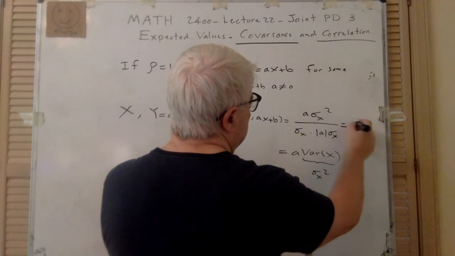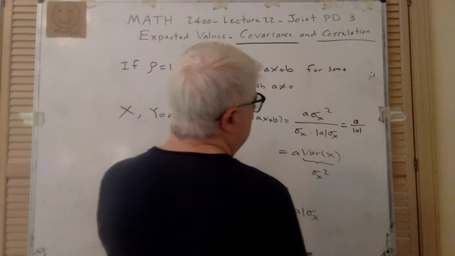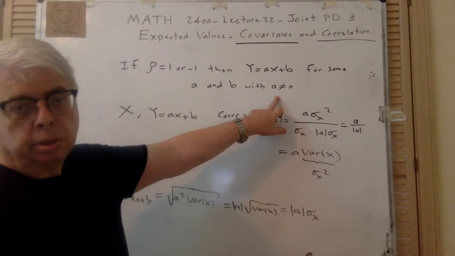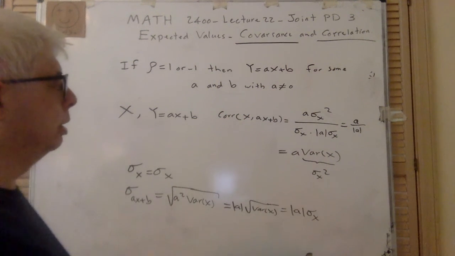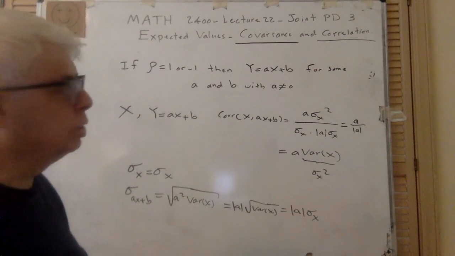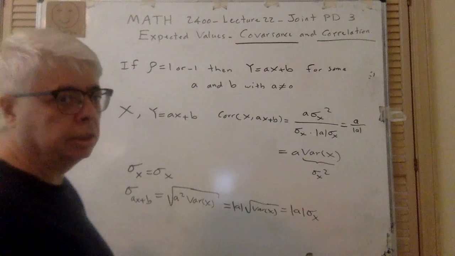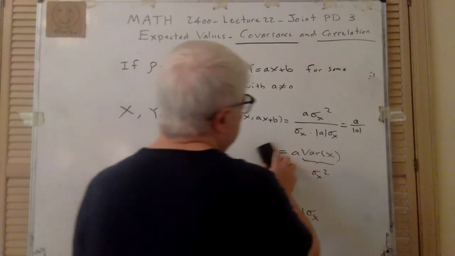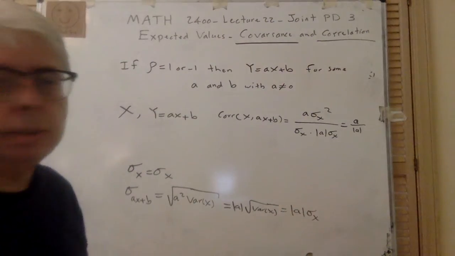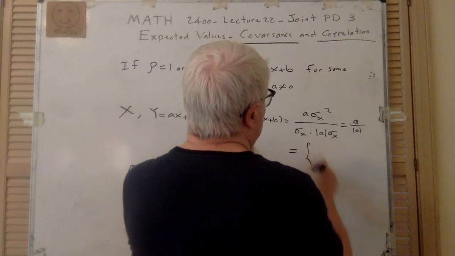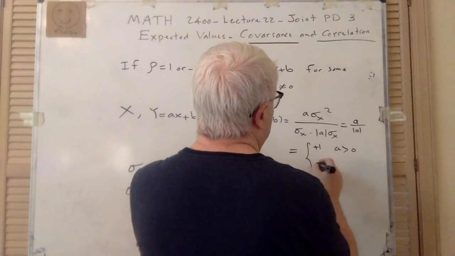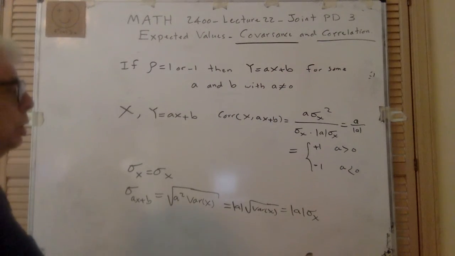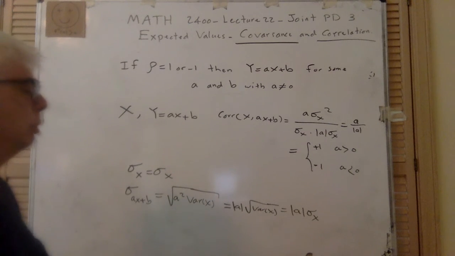So that is simply a over the absolute value of a, which, when a is not 0, is either 1 or negative 1, depending on a. If a is positive, that's plus 1. If a is negative, that's negative 1. So the correlation between these two is either plus 1 or minus 1.